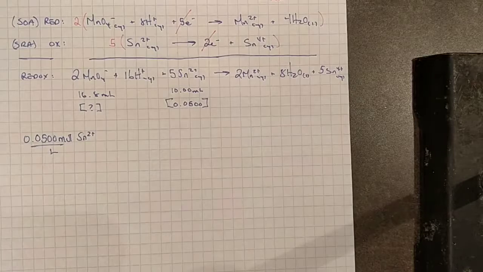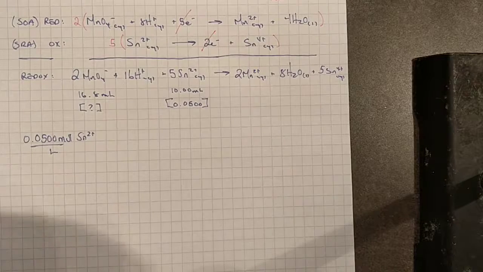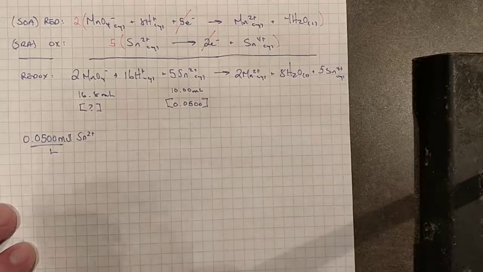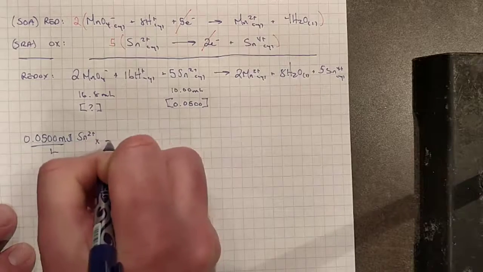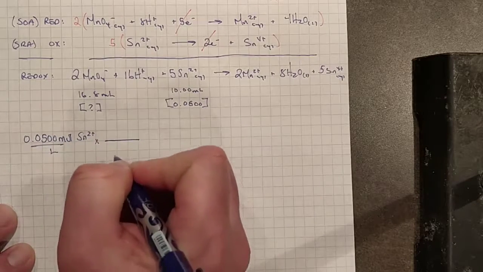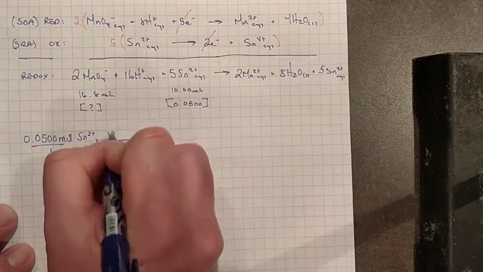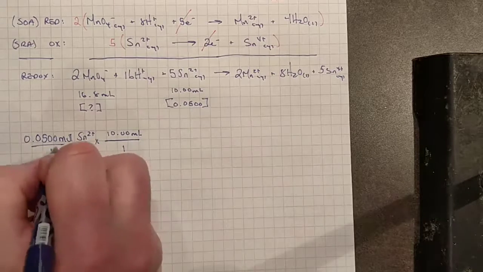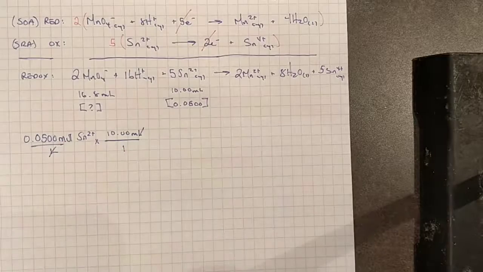Again, we were looking for just moles, so while we would have 0.05 moles in every 1 liter, we can see that we have way less than a liter, so we have way less than 0.05 moles. Let's cancel out our liters before we do any of our stoichiometry. So 10.00 mL can go up top, and that will cancel out our liters.